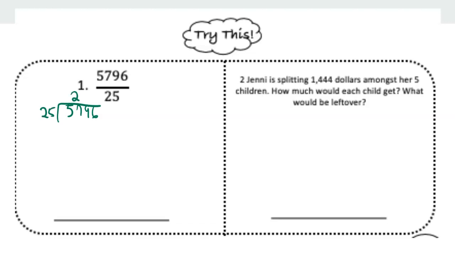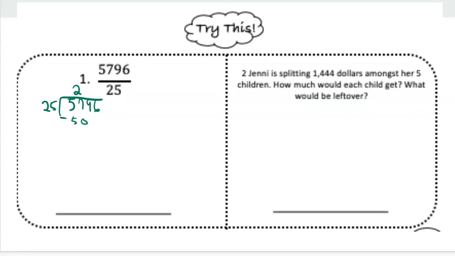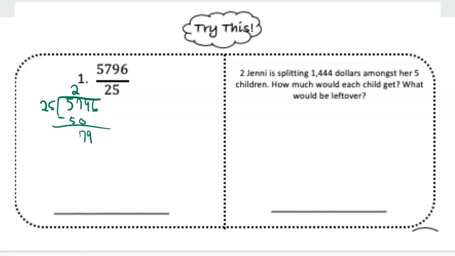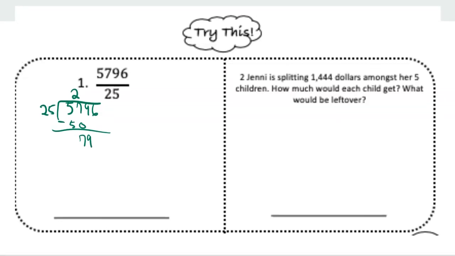Goes into 57 twice. Subtract 50. Bring down my 9. Goes into 79 3 times. Subtract 75. Bring down my 6. Goes into 46 1 time. And I have 21 left over.